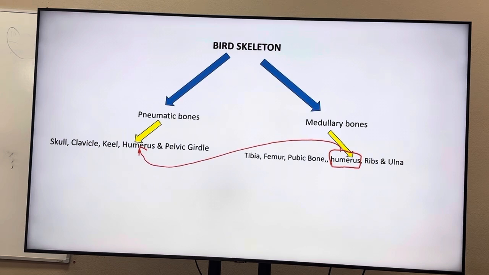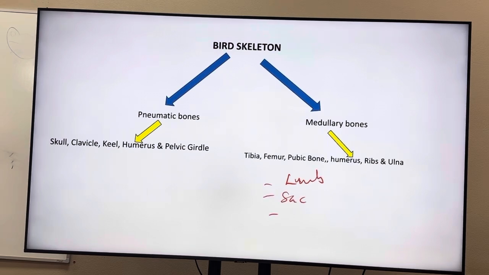We have clavicular air sacs sending air into these bones. In addition, we have lumbar vertebrae, sacral vertebrae, carpals, metacarpals, and as well the tarsus.